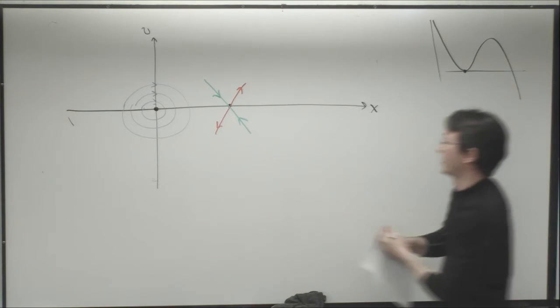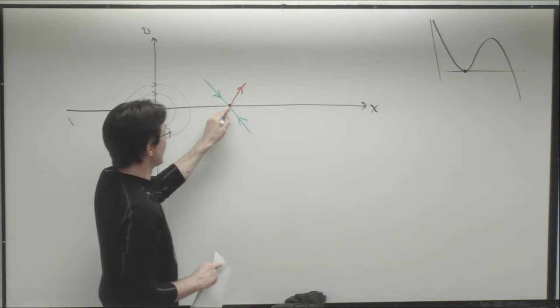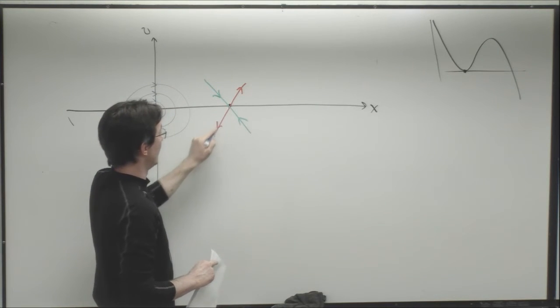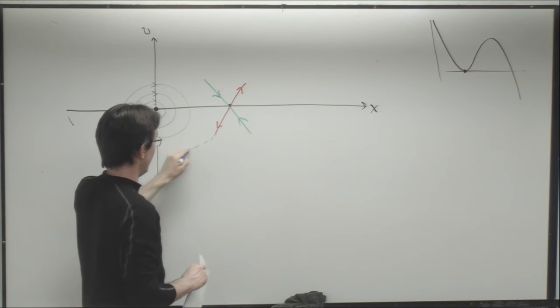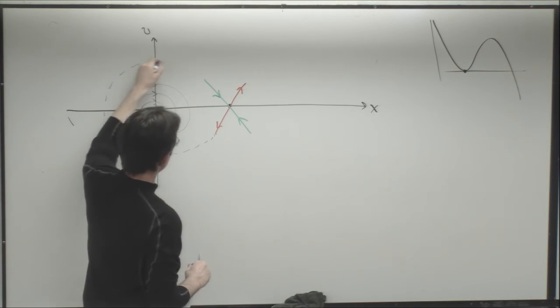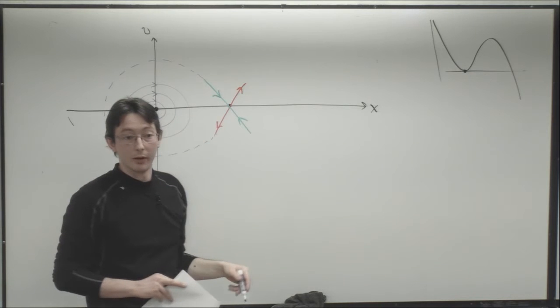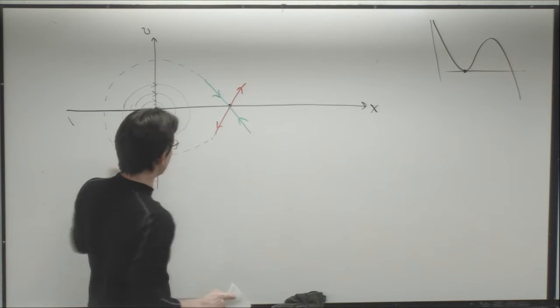That's one of these solutions. That corresponds to pushing either a little to the left or a little down. We follow this red curve until we come back to that fixed point in infinite time. This takes infinite time to go around this trajectory.